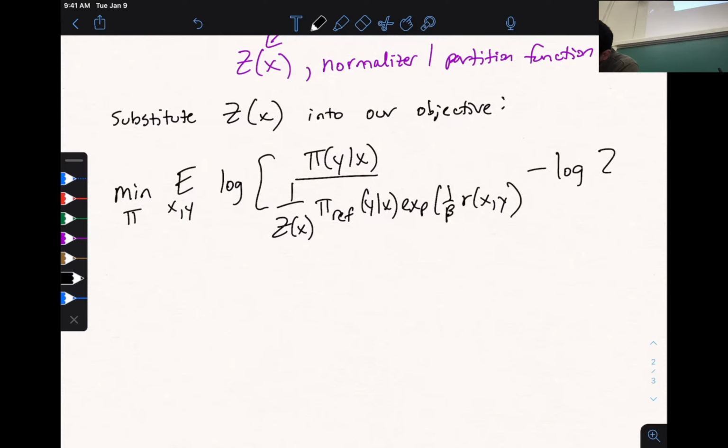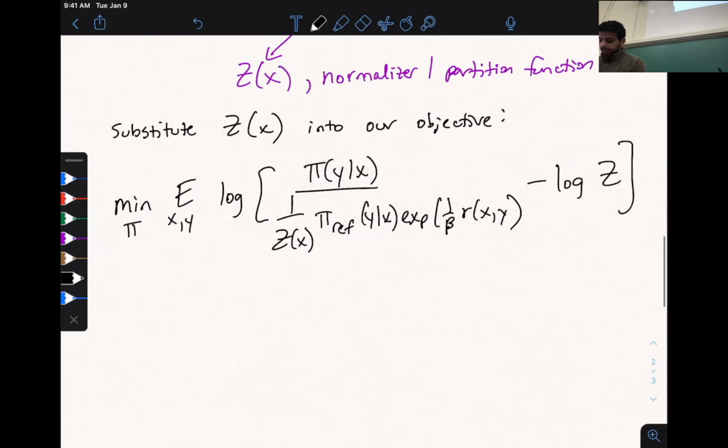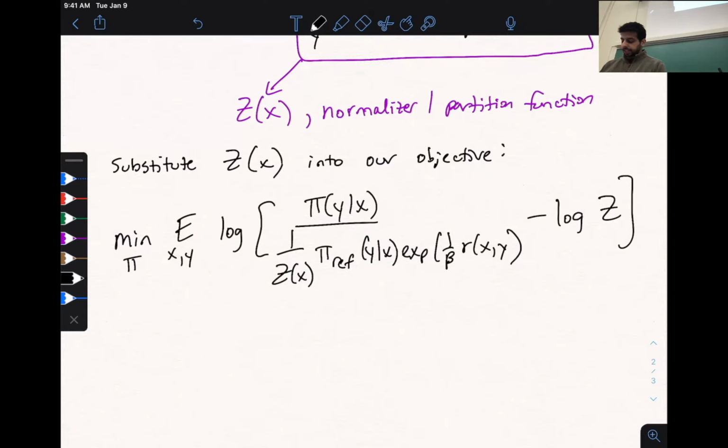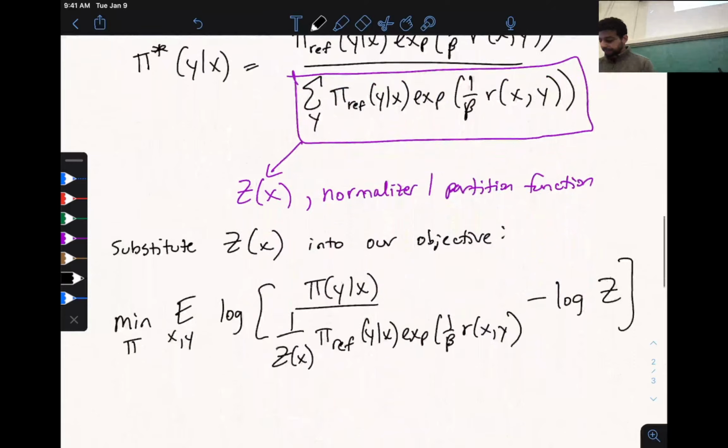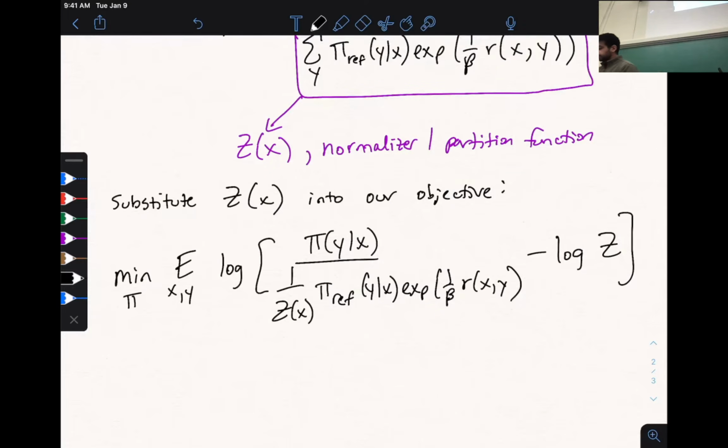Minus log z. So this equation here is equivalent to the one above, but now we have introduced this z of x into this equation.